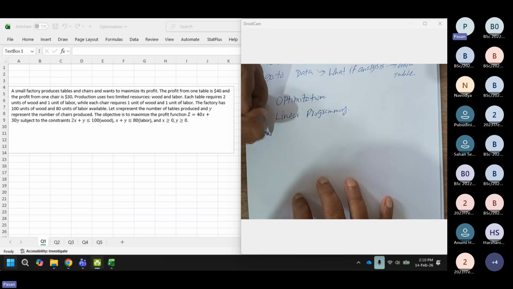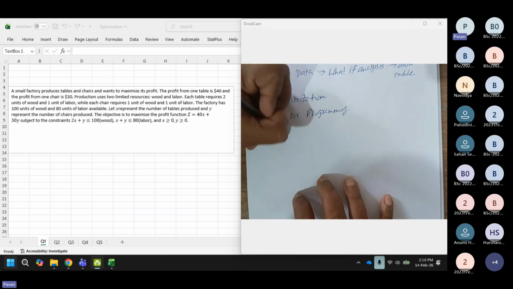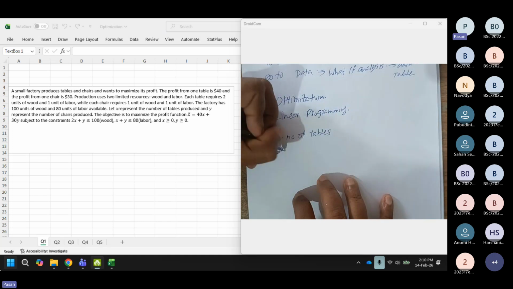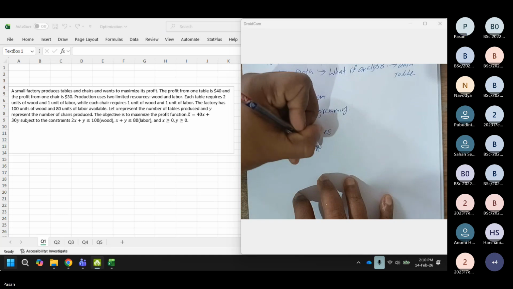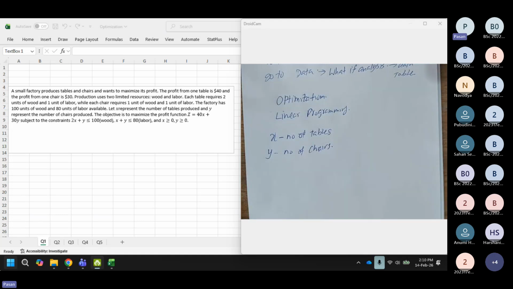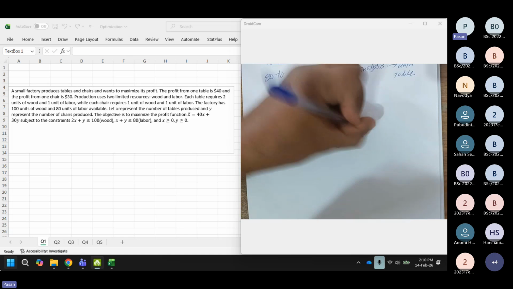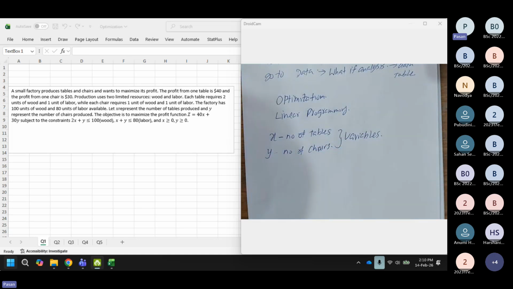I can take X as the number of tables and Y as the number of chairs. So we can identify the tables and chairs as X and Y. That's the number of tables and chairs we are going to produce. So we can think of those as two variables, right?